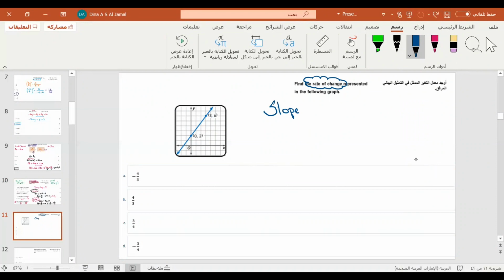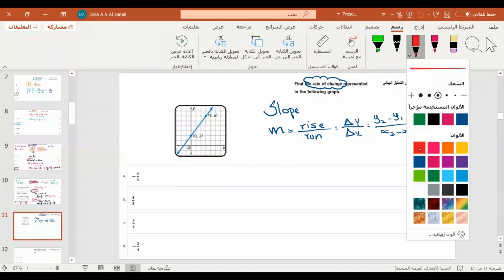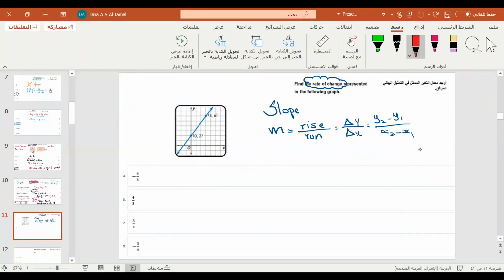And finding the slope is rise over run, or delta y over delta x, which is y2 minus y1 over x2 minus x1. Great. So now let's go to each of these points and calculate the slope.